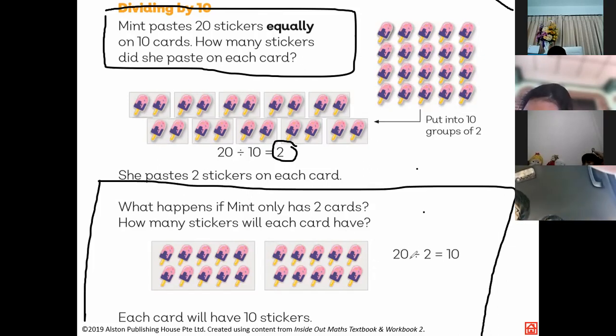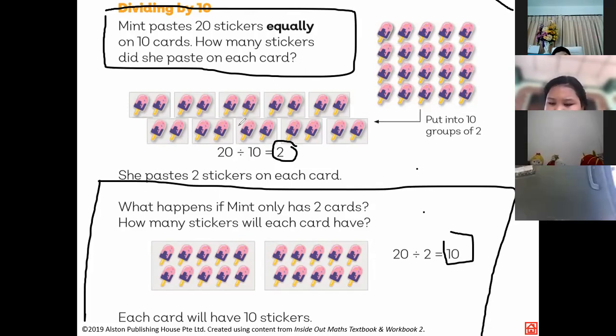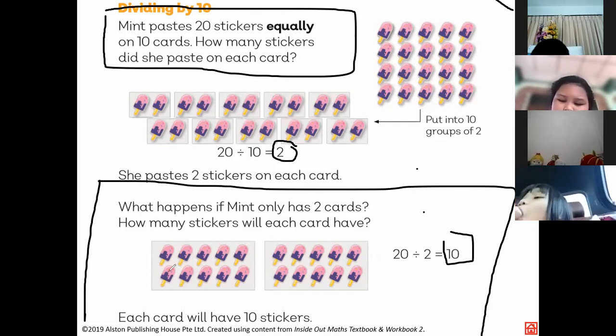So 20 will be divided by 2. So in the first example, there are 2 stickers in each card. And here in the second example, there are 10 stickers in each card.